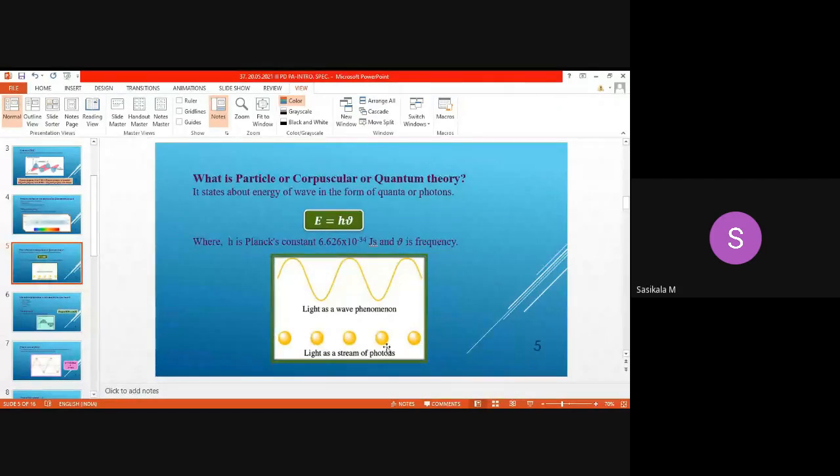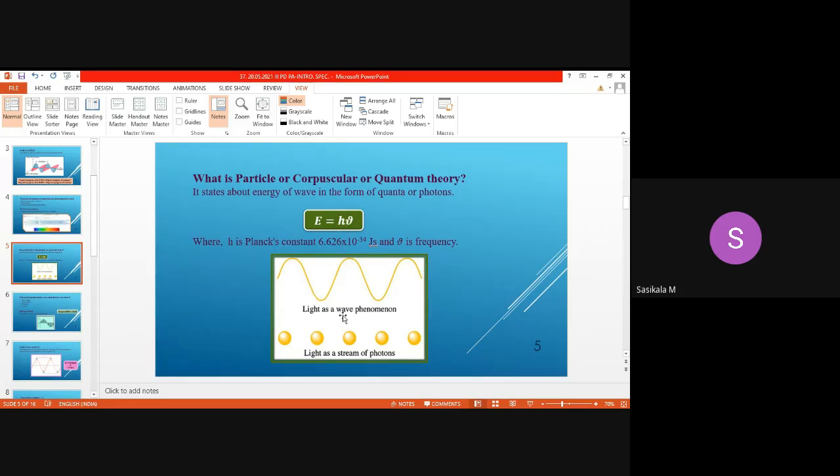You can see the light stream as photons. Each photon is considered as h nu. Energy is equal to h into nu. H represents Planck's constant, 6.626 into 10 to the power of minus 34 joule seconds, and nu represents frequency. So energy is directly proportional to frequency, and the proportionality constant is h, that is Planck's constant.